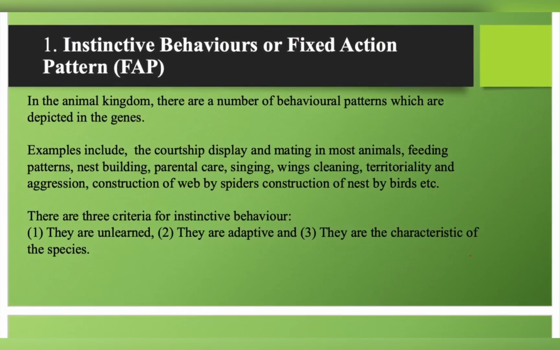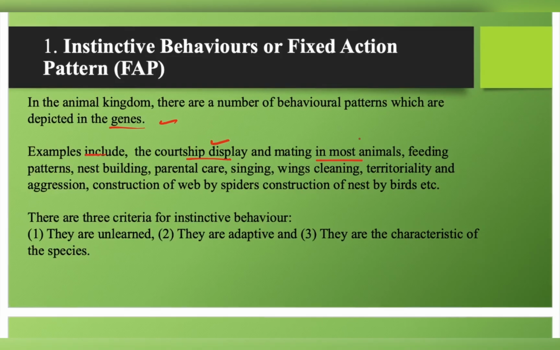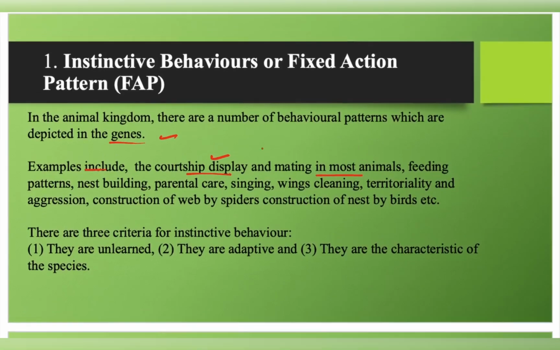Now, in the instinctive behavior, in the animal kingdom, there are a number of behavior patterns which are depicted in the genes. For example, the courtship display and the mating in most of the animals. The courtship display, for example, in case of the peacock, the dance done by the peacock, that is embedded in the genetics of the particular animal, right?